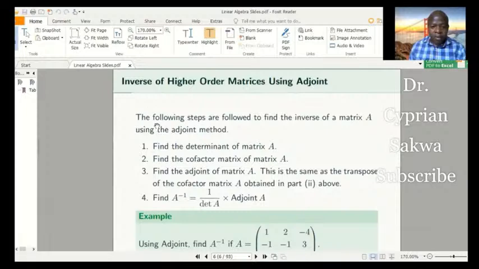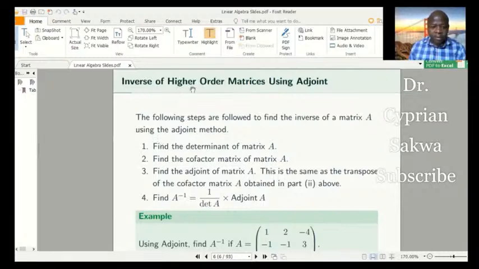Now, we already know how to find the determinant of a matrix, and that is very important in this topic. So the following steps are used for us to get the inverse of higher order matrices.